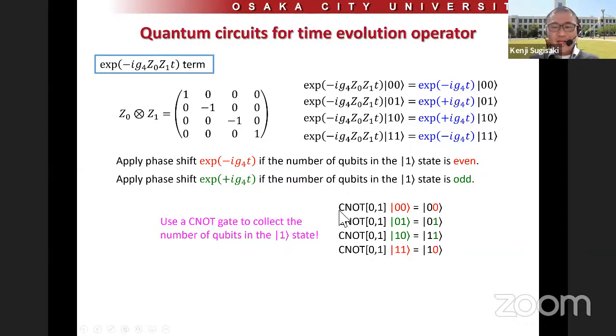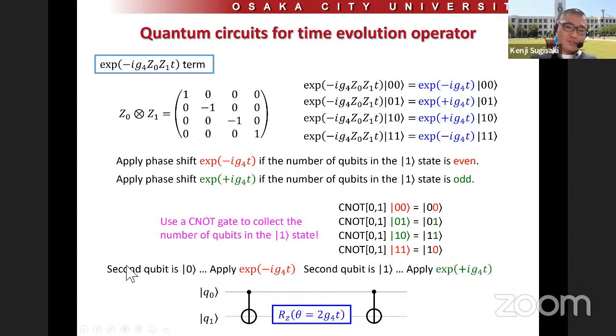Let us apply a CNOT gate to this case. If the number of qubits in the one state is even, the second qubit of the resultant state is 0. And if the number of qubits in the one state is odd, the quantum state after the CNOT operation, the second qubit is always the one state.